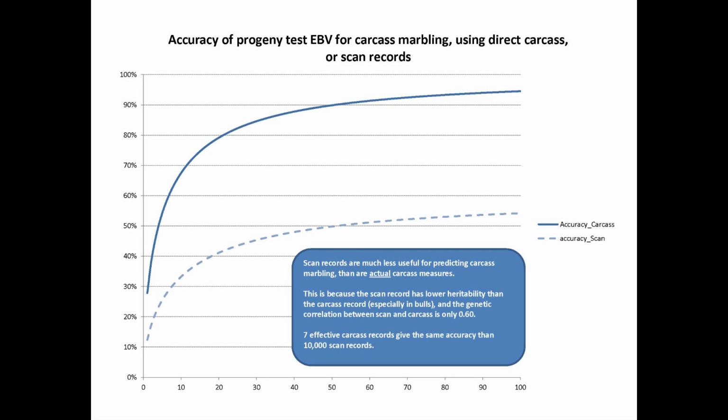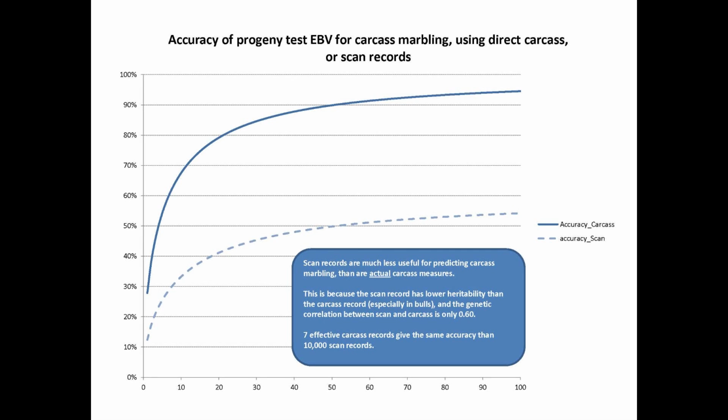Because of that, the scan data doesn't give as much information about the animal's genes for carcass marbling as directly measuring the carcasses does. Accordingly, the accuracy of the progeny test is significantly higher with direct carcass measurements than relying on scan. The note in the box at the bottom says 7 effective carcass records give the same accuracy as 10,000 scan records.